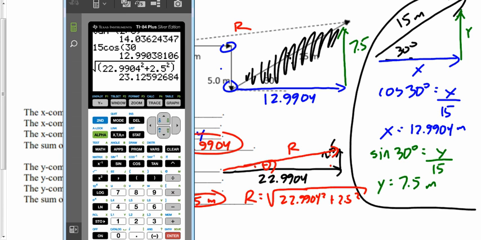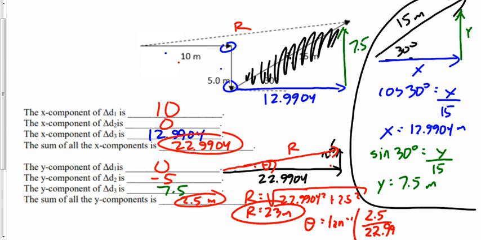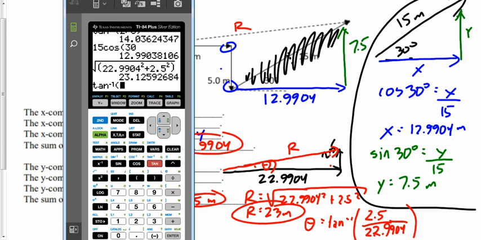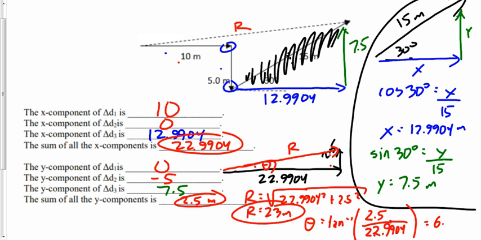We're actually going to round that to 23, right? And theta is the inverse tan function of 2.5 over 22.9904. We're going to get a big angle here or a small angle? Yeah, I'm expecting a pretty small angle, right? 6 degrees. That's a little bit bigger than I thought it would be, actually. 6 degrees relative to something that we'll worry about later on.